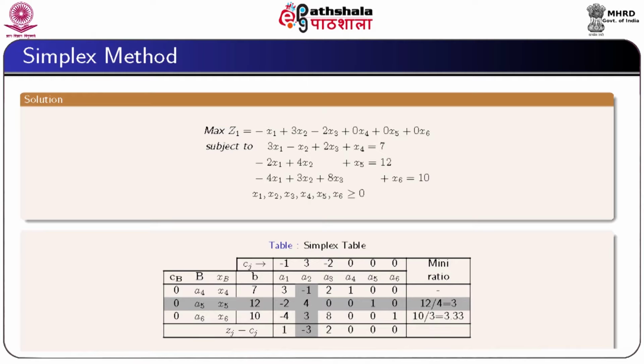For this, we consider the components 4 and 3 of the vector A2, and we consider the ratios 12 by 4 equal to 3 and 10 by 3 equal to 3.33. Since 3 is the minimum, the corresponding vector A5 will depart the basis.